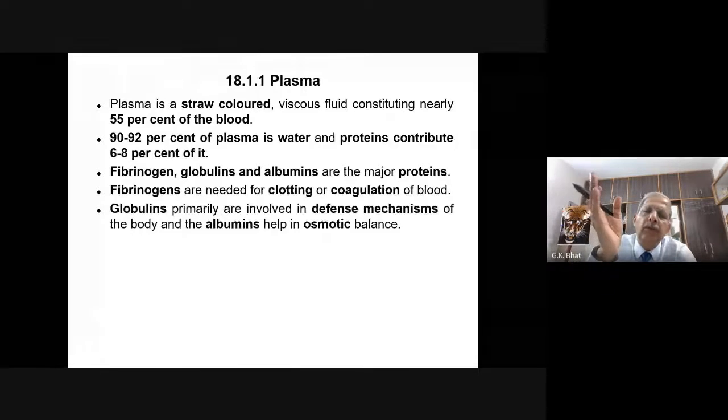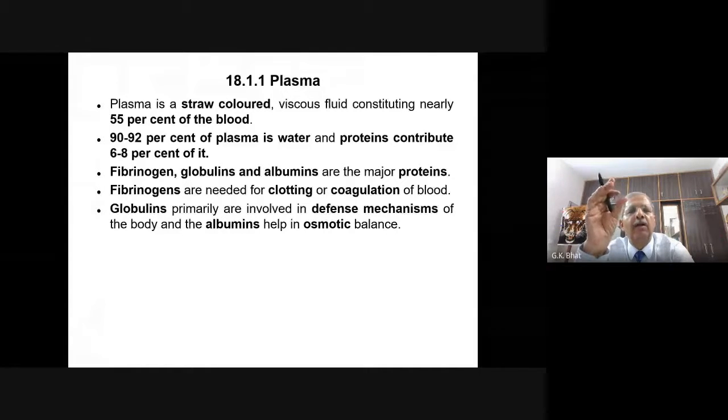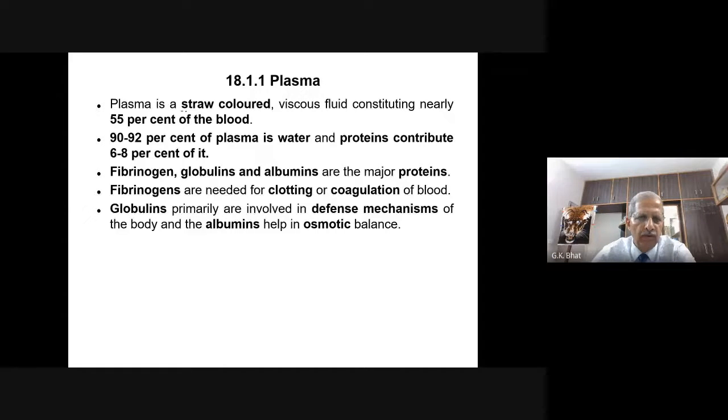In fact, 55% of the blood is formed of plasma. 45% is formed of the formed elements. Plasma is a light yellow colored, slight yellow colored, what you call a straw colored fluid, which is viscous, constituting nearly 55% of the blood.